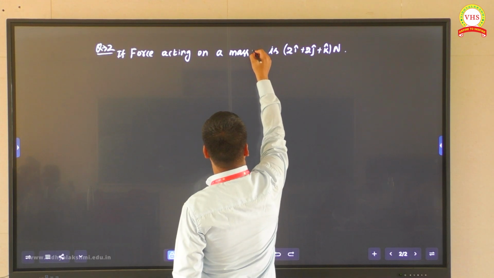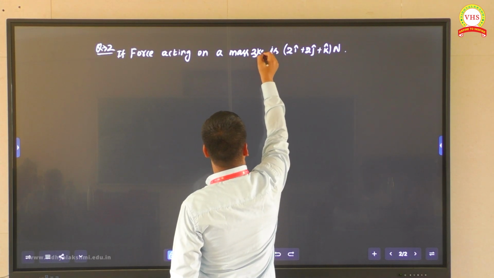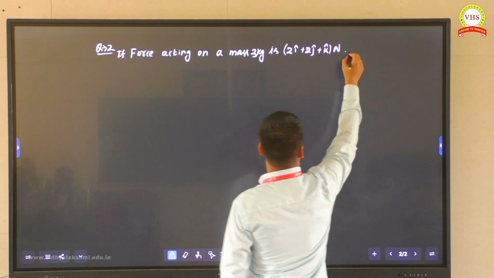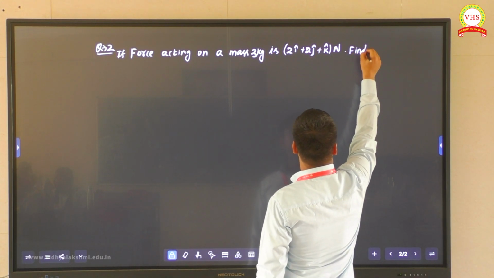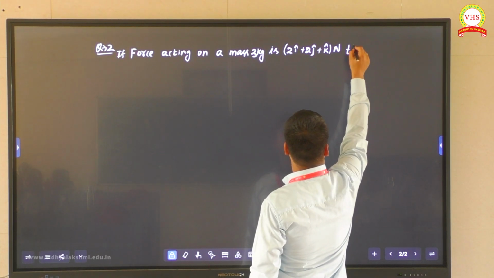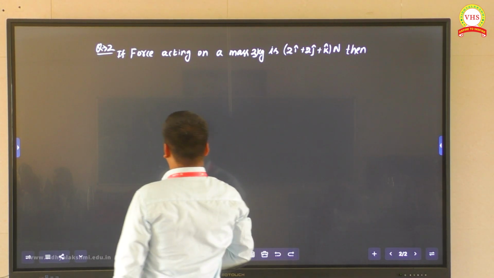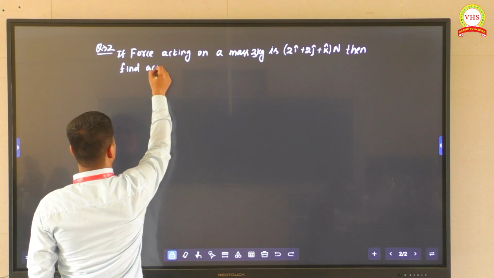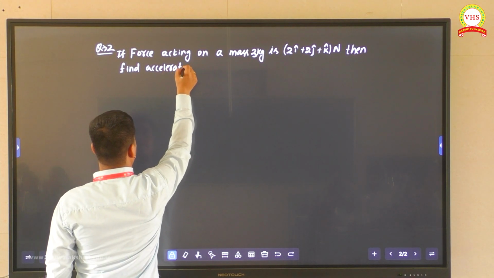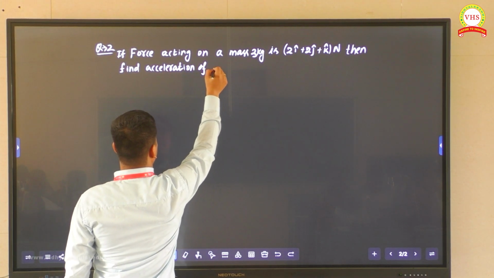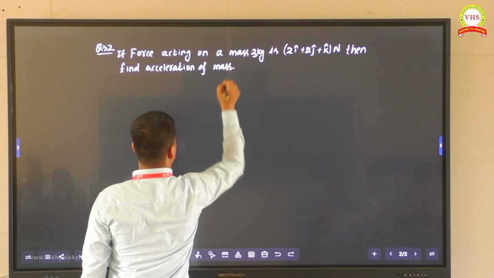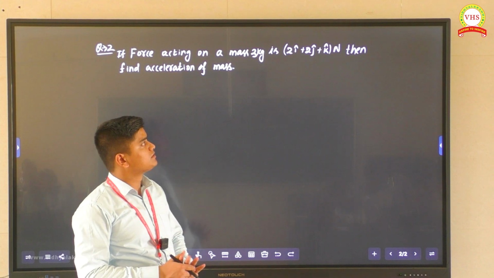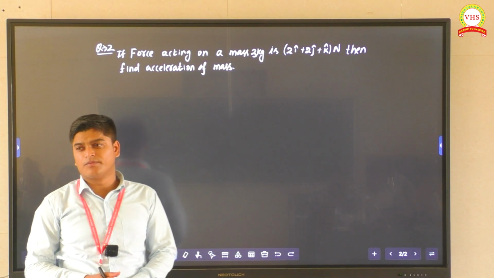Take a mass of 3 kg. If a force acting on a mass of 3 kg is this much, then find the acceleration of the mass.